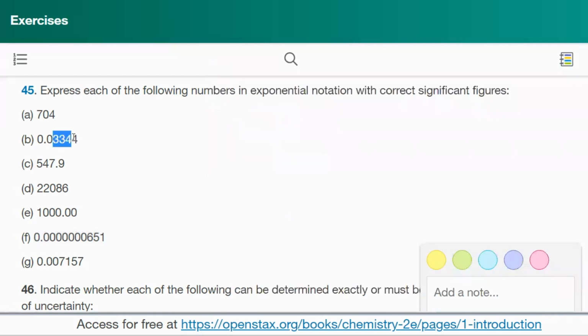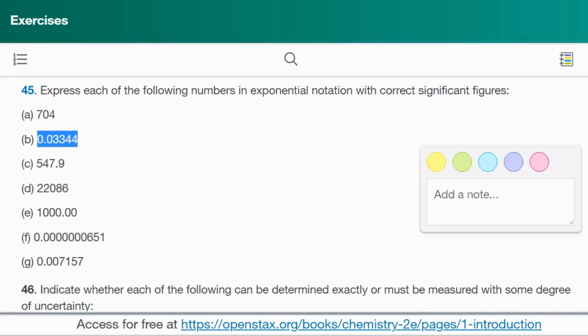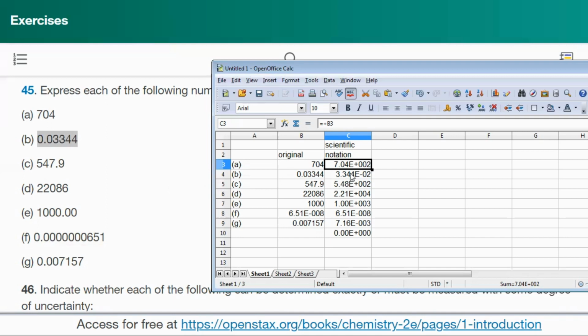So the significant figures are 3, 3, 4, 4, so that's 4 significant figures. And the scientific notation is 3.344 with the right significant digits.